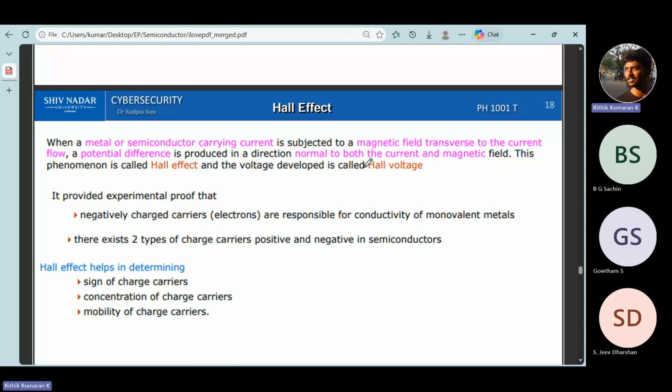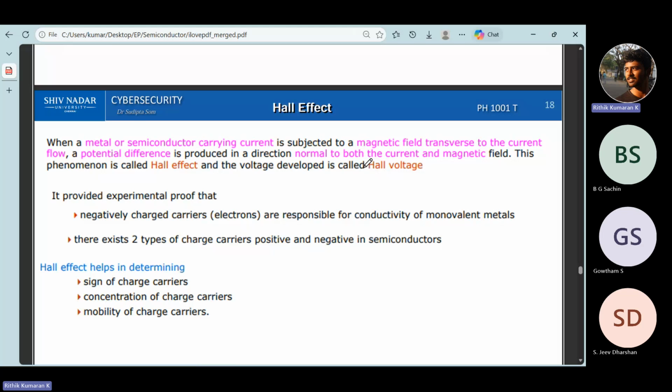If you do that, a potential difference is developed which is normal to both the current flow and the magnetic field. I'll say it slowly. You take a current carrying semiconductor and subject it to a magnetic field transverse to the current flow. What will happen? A potential difference will be developed, perpendicular to the current and the magnetic field. This is called the Hall effect. And the voltage I talked about, the potential difference developed, is called the Hall voltage.